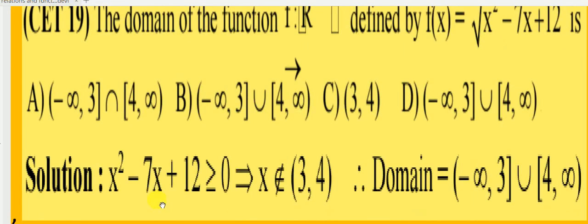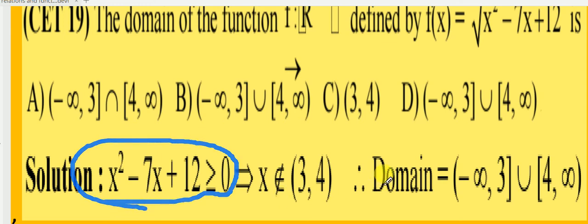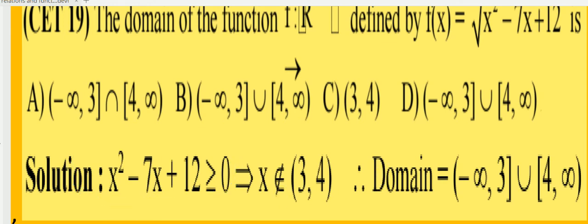So let us consider x square minus 7x plus 12 greater than or equal to 0. If you factorize this, you will get 3 and 4. So x minus 3 into x minus 4 are the factors for x square minus 7x plus 12. X minus 3 into x minus 4 should be greater than or equal to 0.